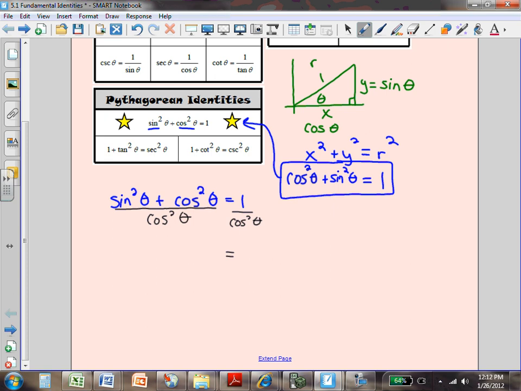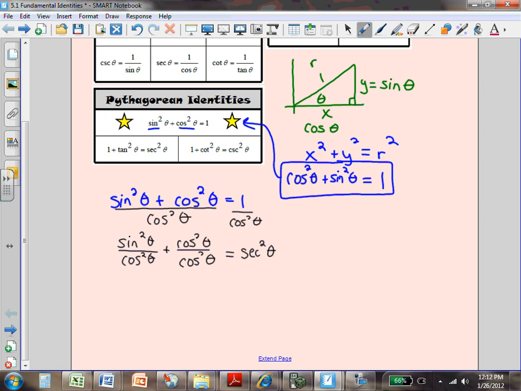Well, cosine we know is related to secant, its reciprocal. So 1 over cosine squared is really just secant squared theta. Then over here I'm going to give that denominator to both pieces of my numerator: sine squared theta over cosine squared theta plus cosine squared theta over cosine squared theta.